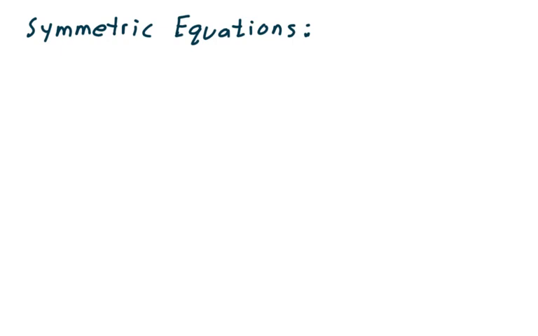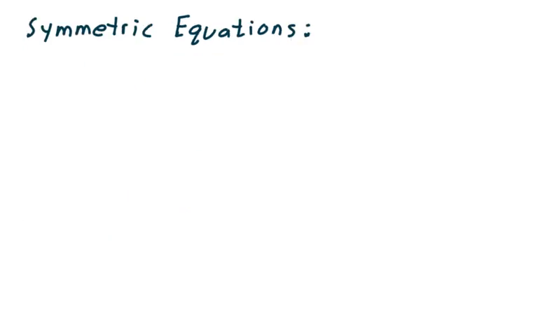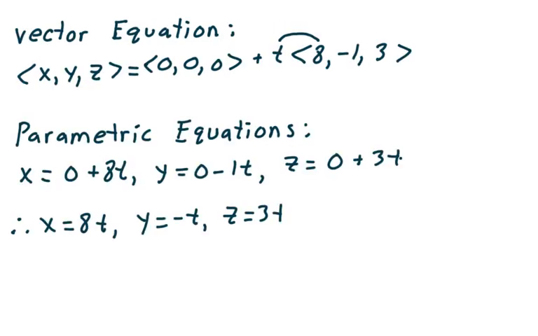Now, for the symmetric equations, we get the following. If we go back, t equals x over 8, right? So I'm going to take x over 8 and set it equal to... Now here, t equals negative y.